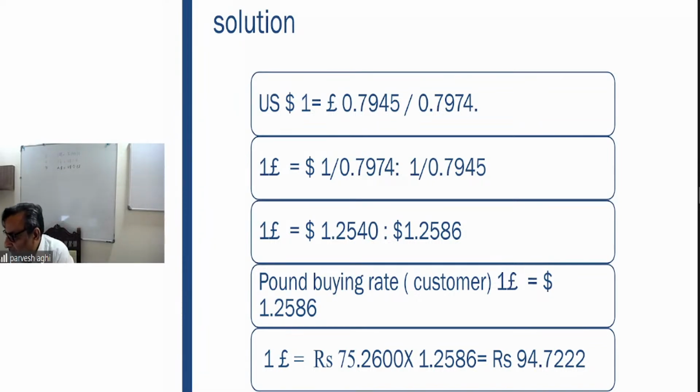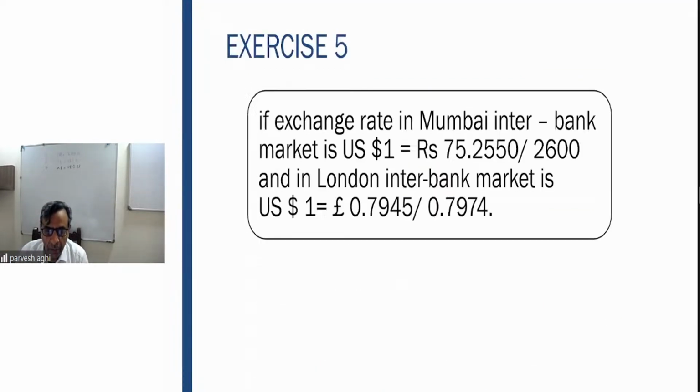Shruti said that we can do this also. So it should be 75.2600 divided by 0.7945, because the bid will go to ask.